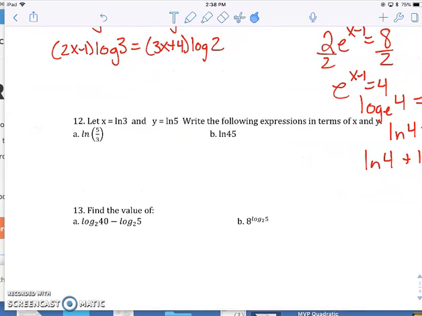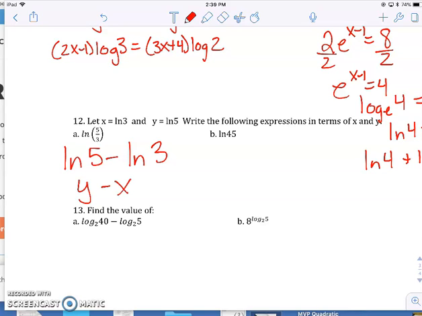Number 12. So we haven't done ones like this before, but we'll use our properties of exponents to figure it out. So we know x equals log 3 and y equals log 5. So we have division. Well, division goes back to subtraction. So the natural log of 5 minus the natural log of 3. Well, in terms of x and y, the natural log of 5 is y. So this is just y minus x.